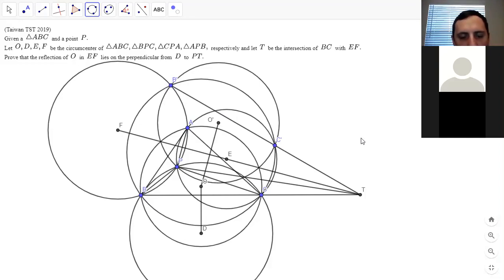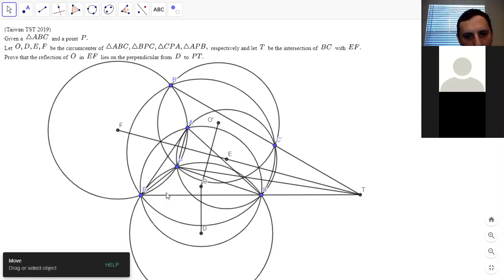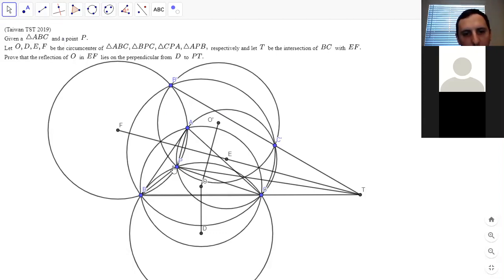Now, if you look at the circles, BC is radical axis of the triangle circle ABC, and BC, B prime, C prime. Also, B prime, C prime is radical axis of P, B prime, C prime, and BC, C prime, B prime.